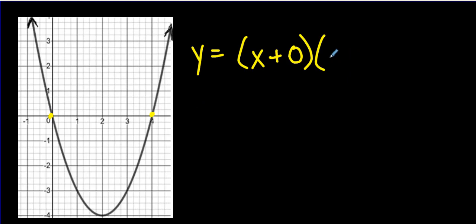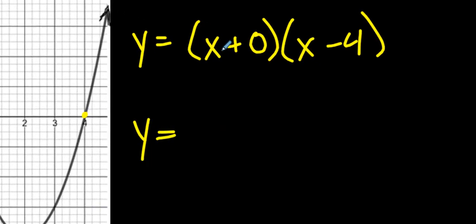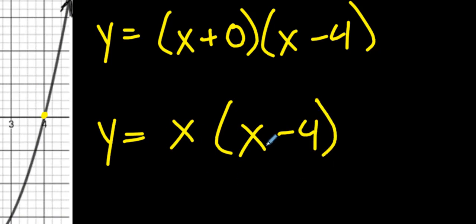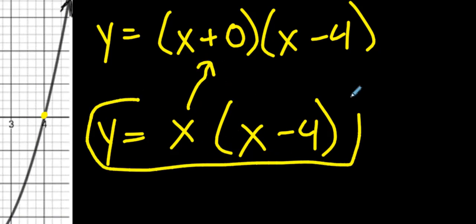And over here we have a 4, so x minus 4. This is very unusual to see it written like this, so probably a better answer would be, well, x plus 0 is just x. So writing it like this is really the same thing as this. Okay? That's really the same thing. So this is probably the best answer. Your teacher would really like to see this answer, I'm sure, because it just looks more neat and tidy.